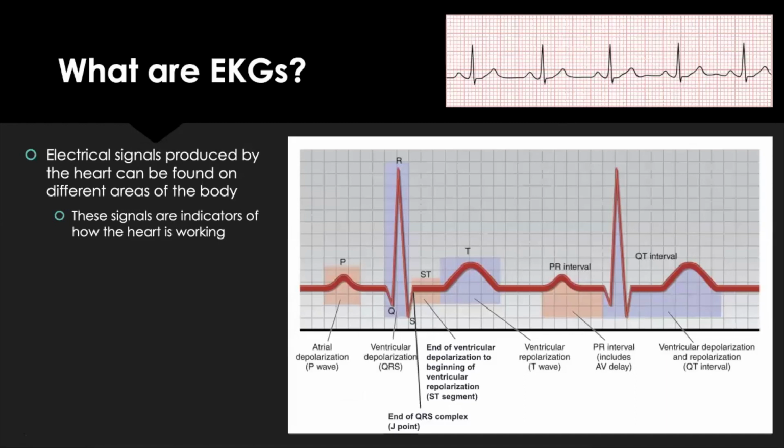What are EKGs? EKGs are basically one way that we can look at the heart and how it functions. And we can use these waves to determine how the heart is contracting and how it's functioning. Since the heart is a muscle, it requires electrical signals to function, and we can read those electrical signals through the EKG.